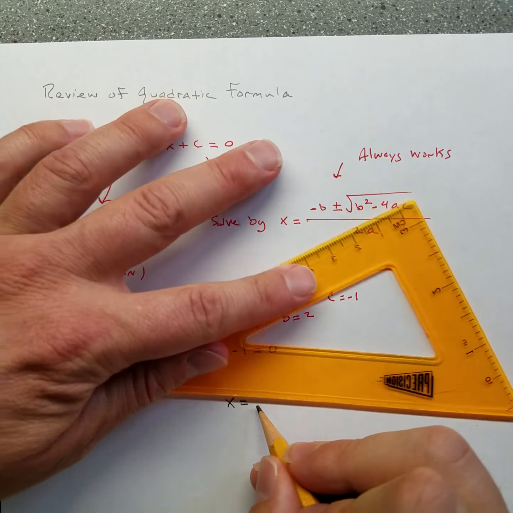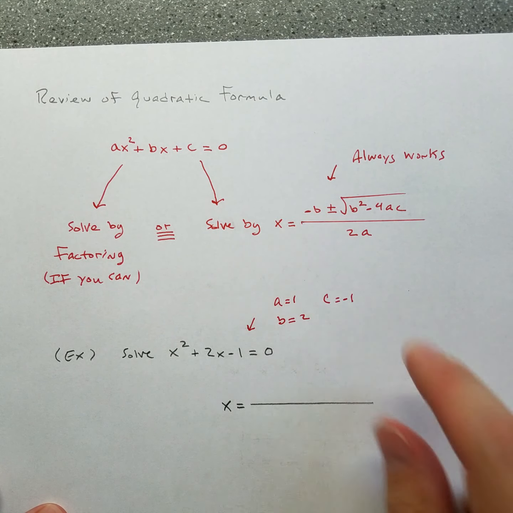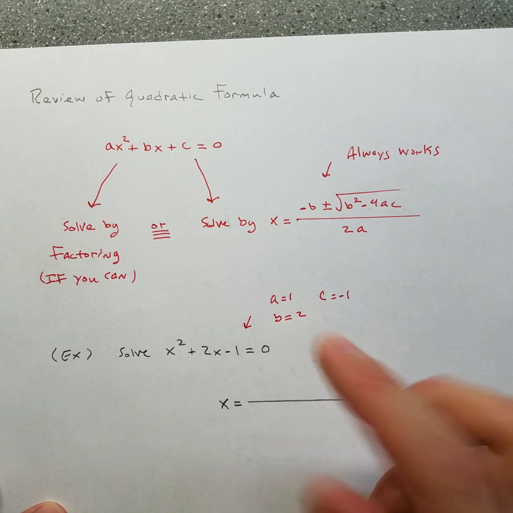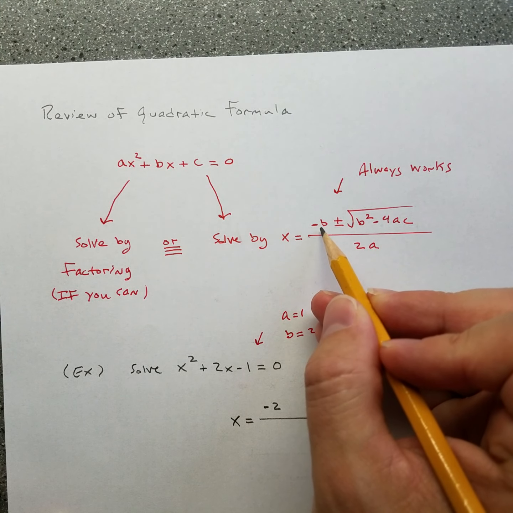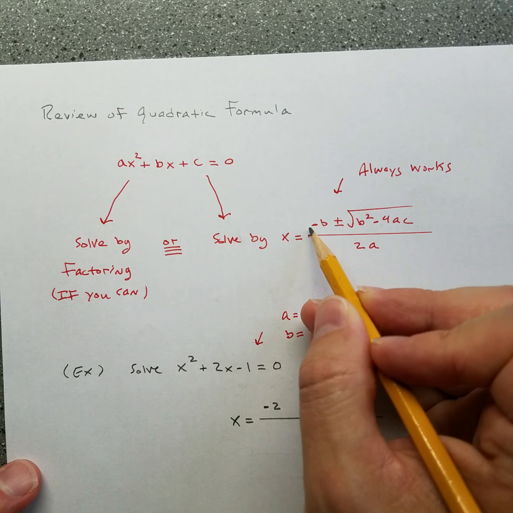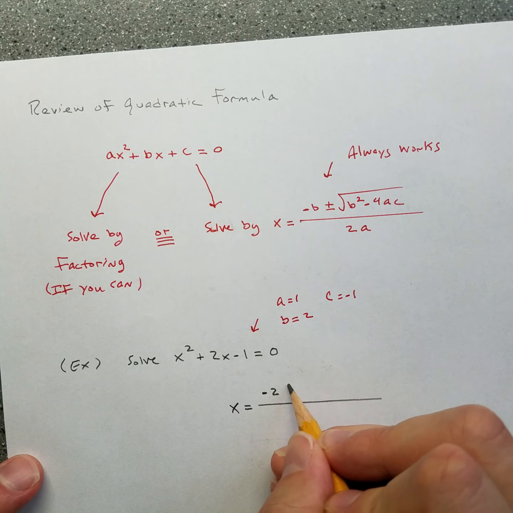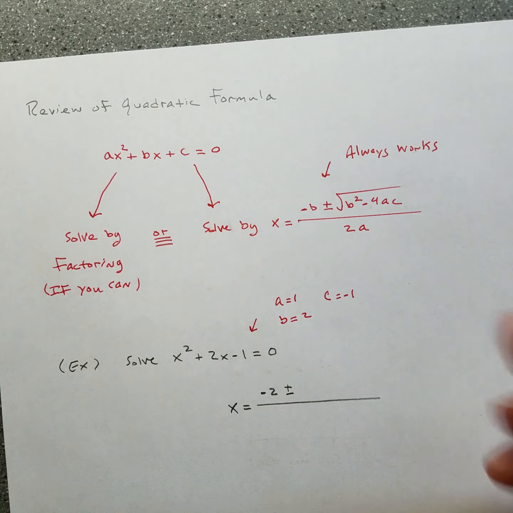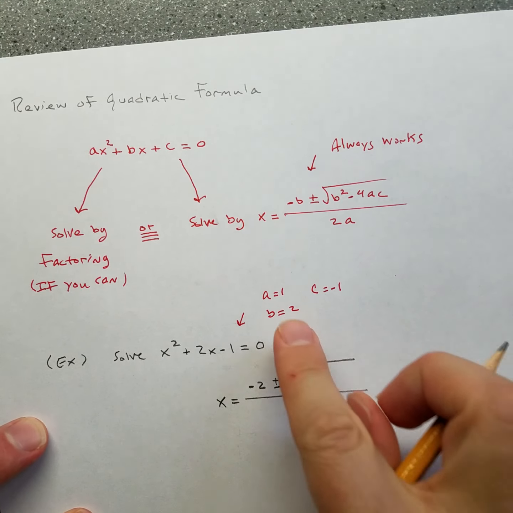All right. So let's do this. It says the opposite of b. What's the opposite of 2? It would be negative 2. That negative right there doesn't mean that part of it is by default negative. It just means we take the opposite of whatever that number is. So I get negative 2 plus or minus the square root of b squared.